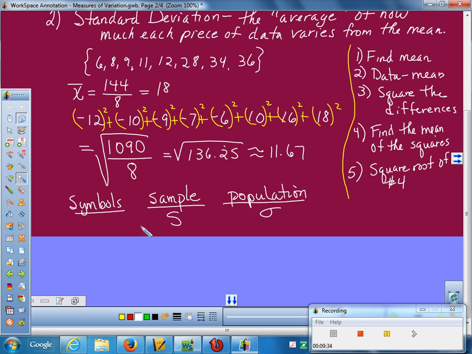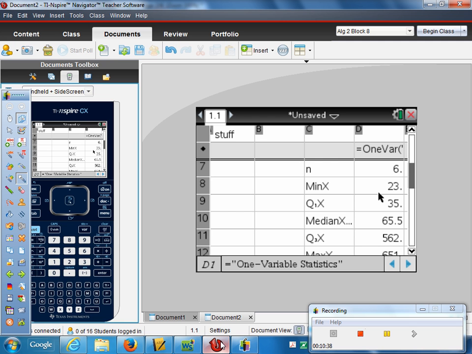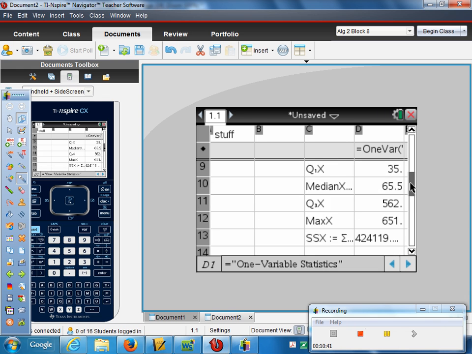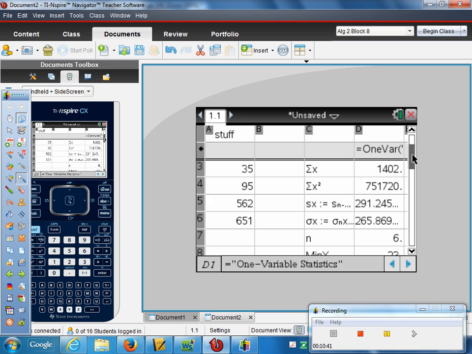Do you have to know these symbols? Yes. Because I expect you to know them to do statistics, and that's how your calculator delivers them to you. So, yes. You have to know a sample from a population. Just to show you, back here when we were looking at all this data it calculated, and up here at the top, you'll notice you have s sample standard deviation, population standard deviation.